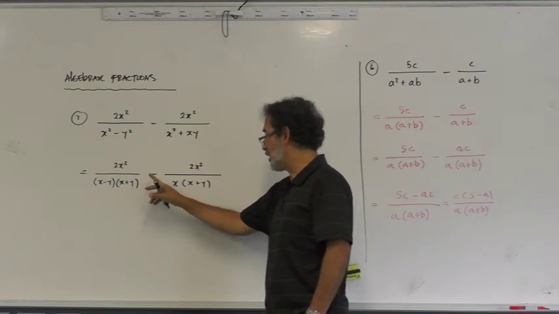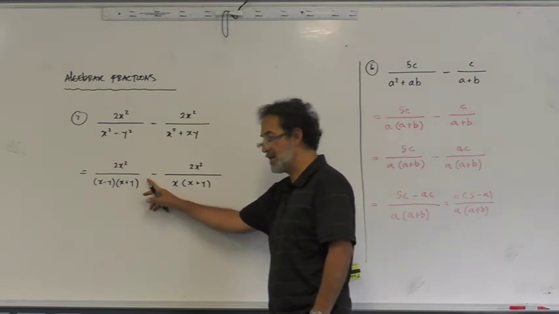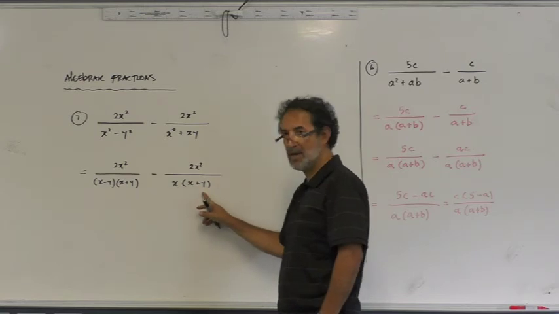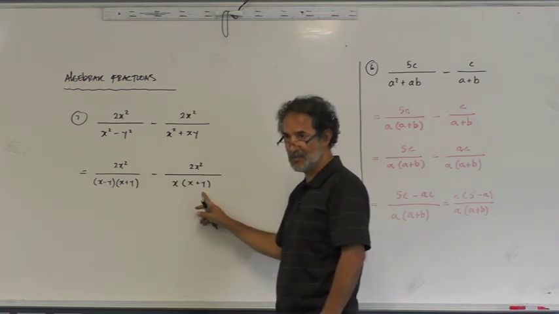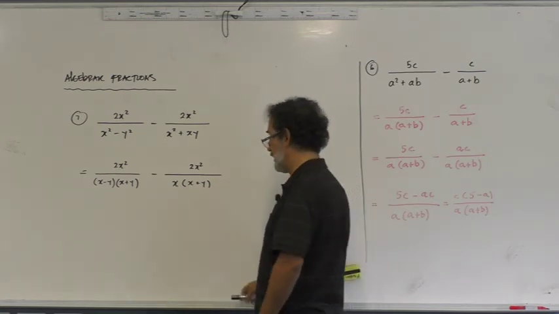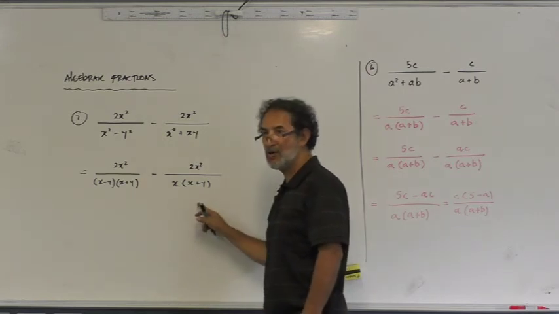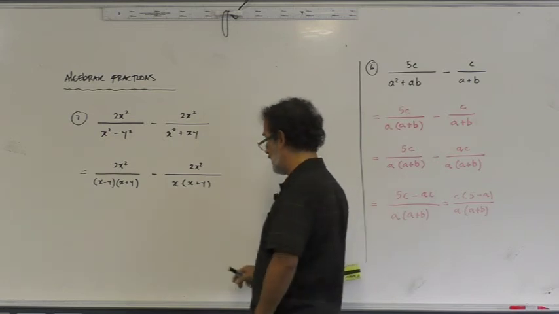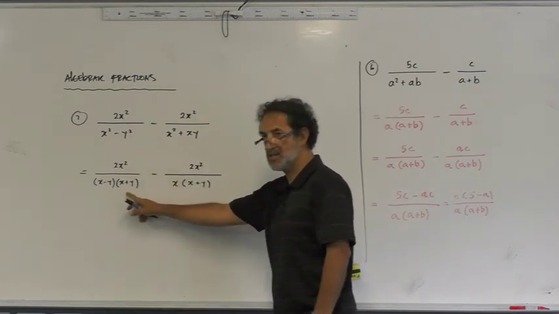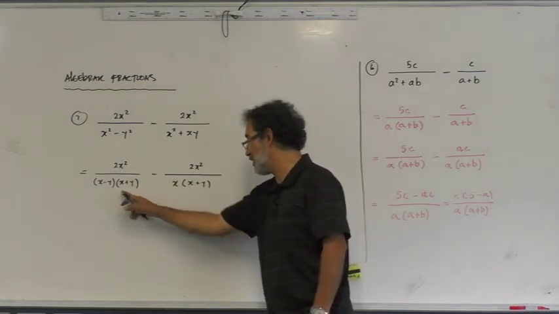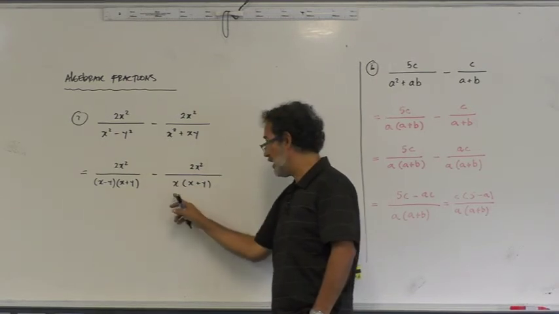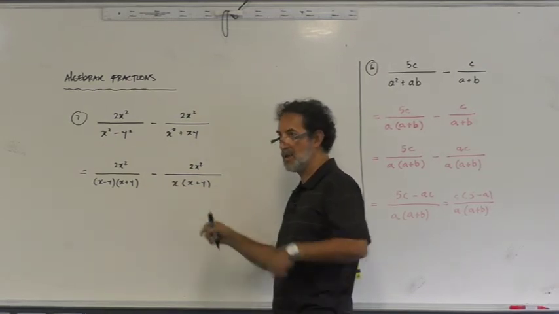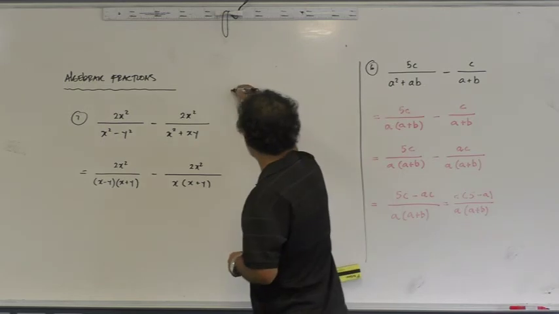Yes, so we're going to multiply this by x, and then we're going to multiply this by x minus y. So our goal is to have exactly the same denominator. So you're going to multiply the first fraction by x because that is what's missing from here. And then you're going to multiply this by x minus y. All right, can you please do that?